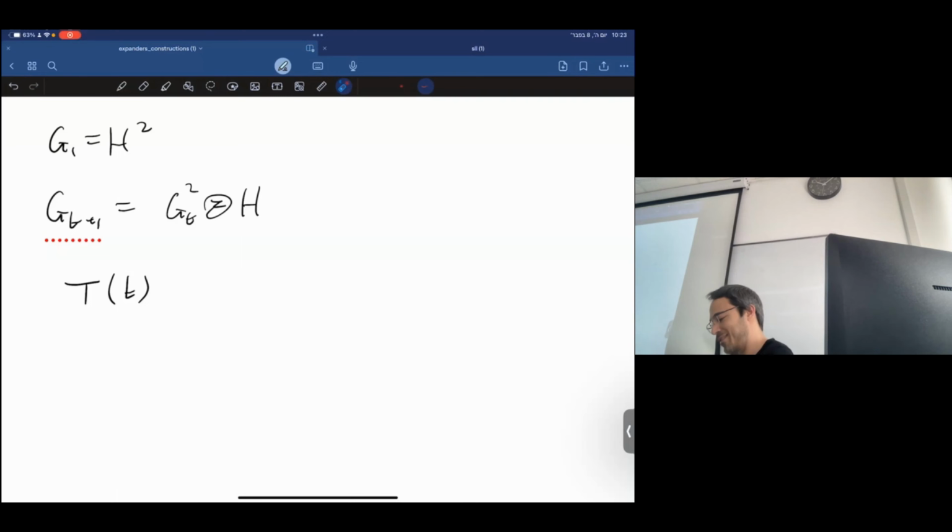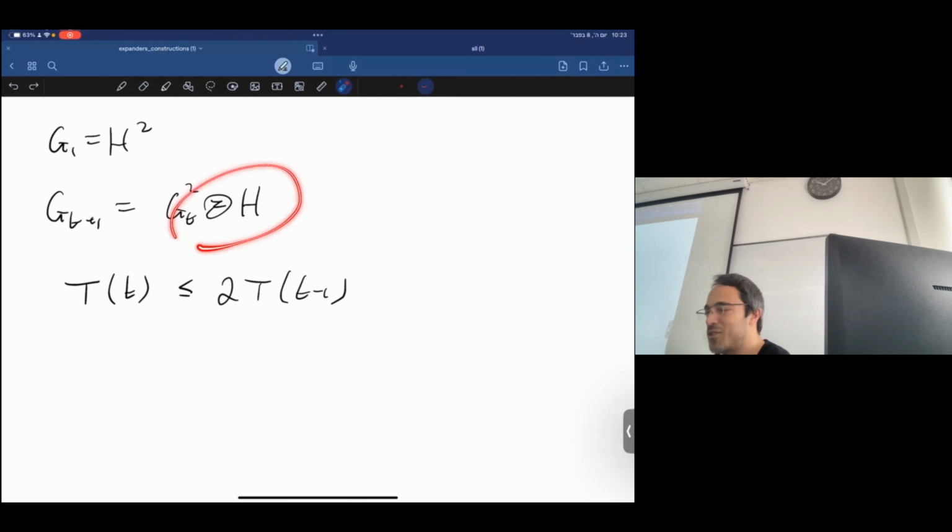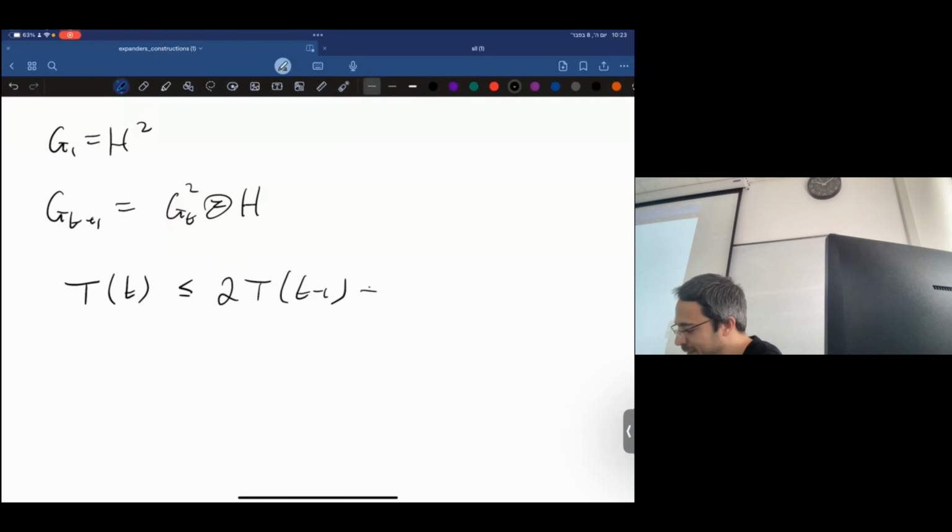And it's time complexity, so we need to add this up rather than space. So we have 2T(t) just because we have two calls for the previous recursion, and then we have a zigzag with a graph which is of constant size. If I think of this as constant, I can definitely write this as plus O(1). There are some details.